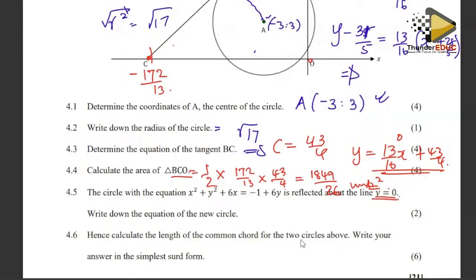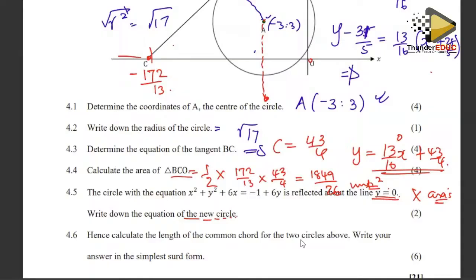Then 4.5, the circle with this equation is reflected about the line y is equal to 0. And which line is that where y is 0? So that is the x-axis. Okay, so this circle is reflected about the x-axis. Can we write the equation of the new circle? So if it's reflected about the x-axis, meaning that we're keeping the x.